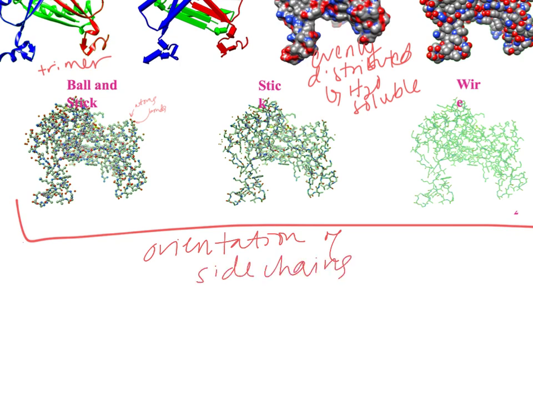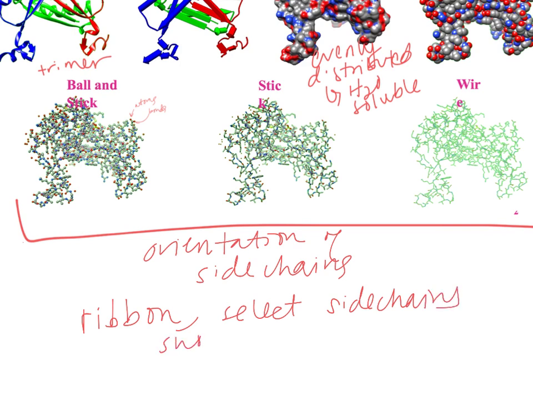Usually you want to have your protein in mostly ribbon, and then select the side chains that you want and show them in one of these three. That way you can show the orientation of the atoms relative to one another.